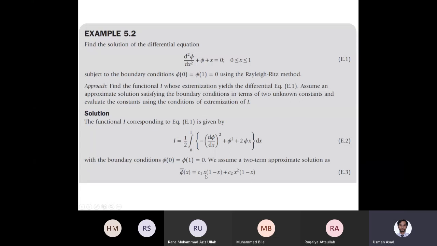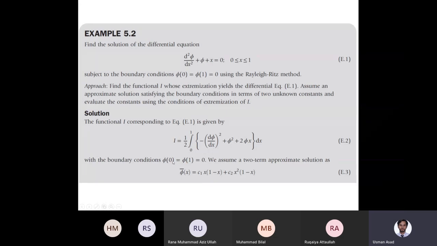And this form we have selected for a reason: because this is a second order differential equation, we are selecting two constants c1 and c2 multiplied by two functions, and both these functions are such that they agree with the boundary conditions.